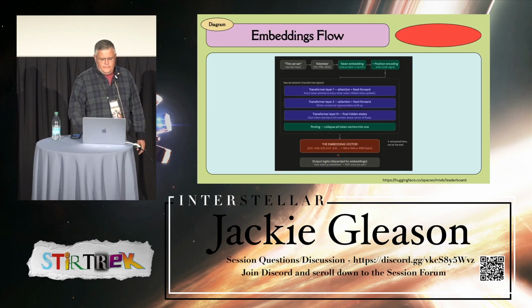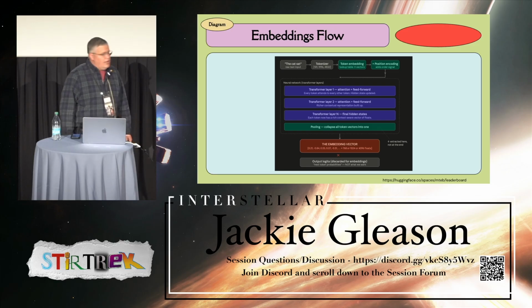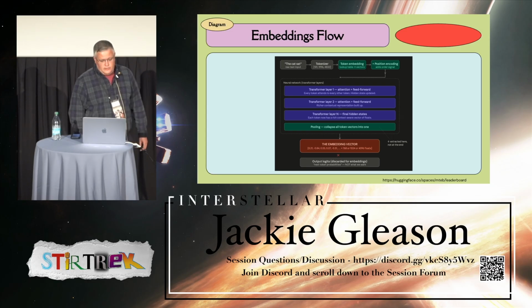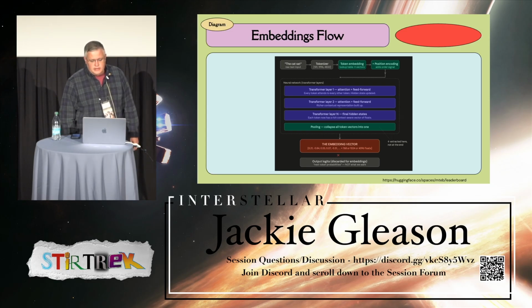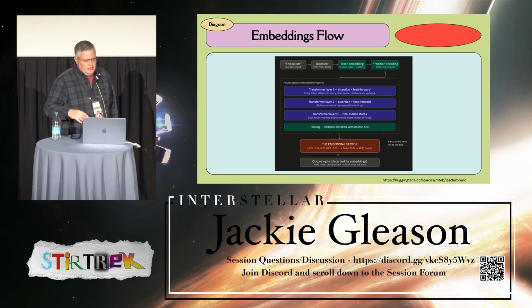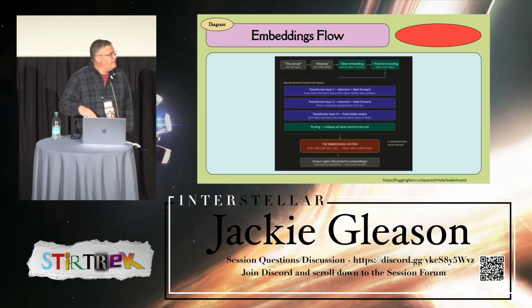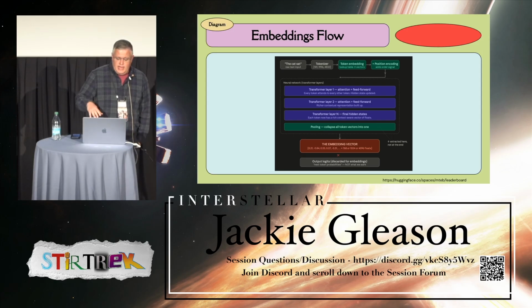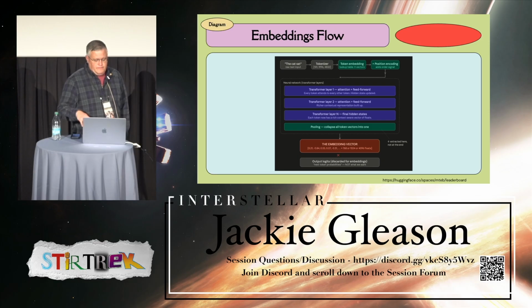So here's a diagram to go over how the embedding process works and how it's a little different than the LLM process. Here you can see that we start off with a word. The word gets tokenized, split up, and then it gets embedded, and then from there it goes through the neural network, goes through the different layers, gets its different attention states, and then it gets to a final layer, and it collapses all those into a single vector, which we'll talk a little bit about with t-SNE in a little while, and from that you get your embedding vector.